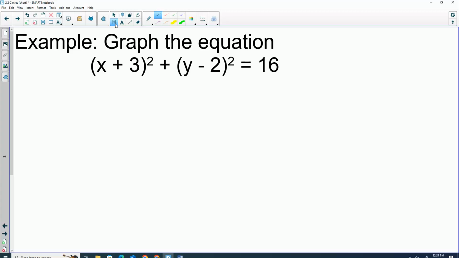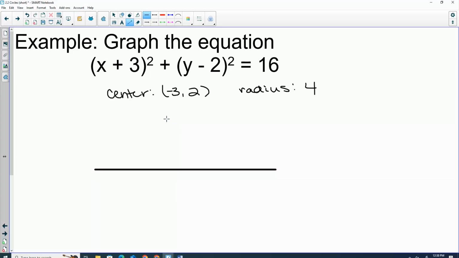So if I asked you to graph this, we need to know the center and the radius. What is my center? (-3, 2). What is the radius? Okay, so I'm going to draw myself a graph.